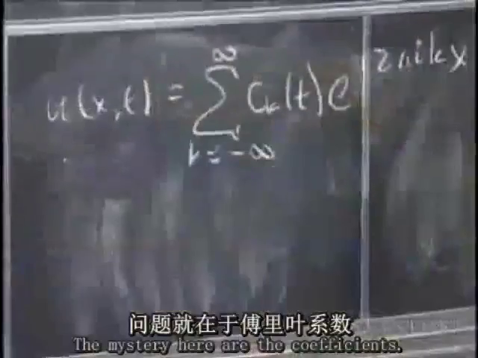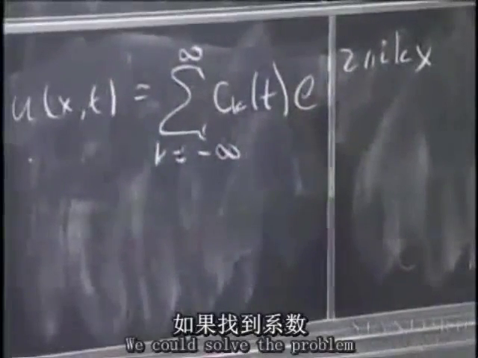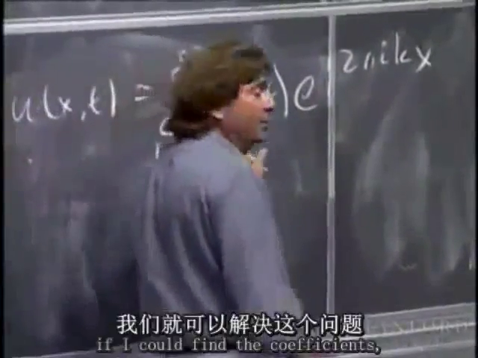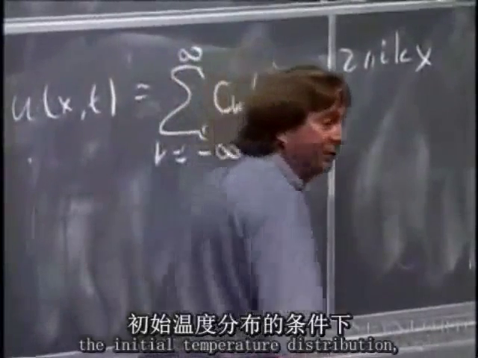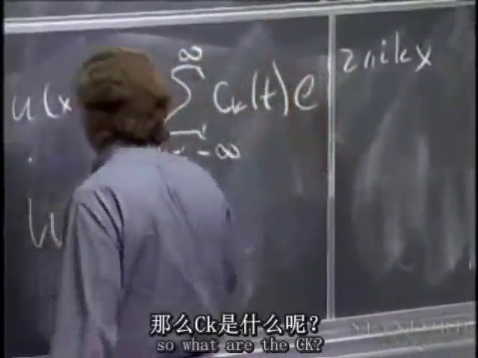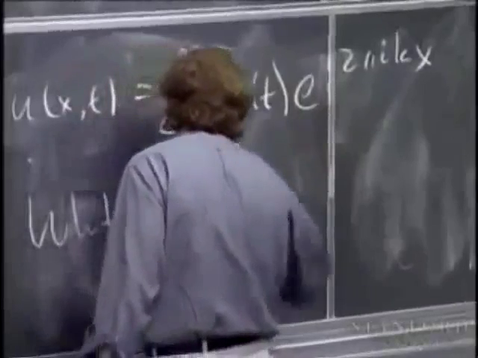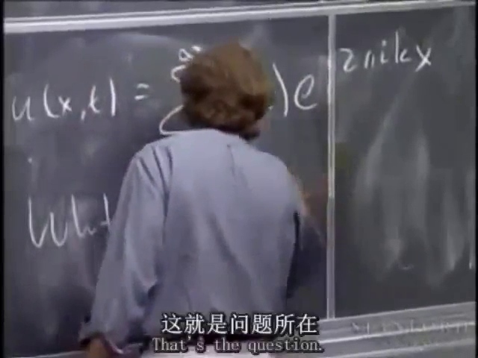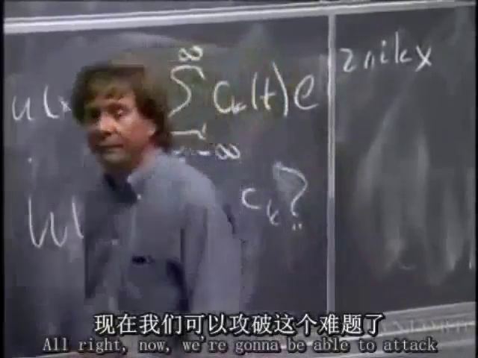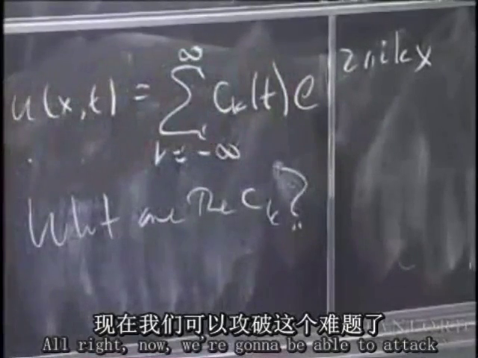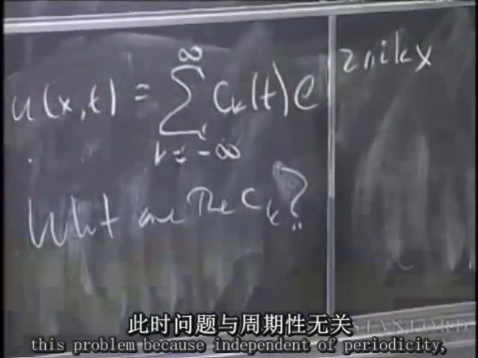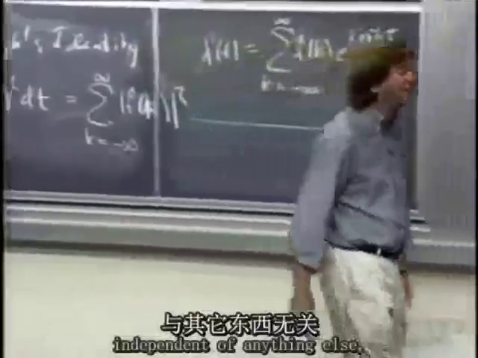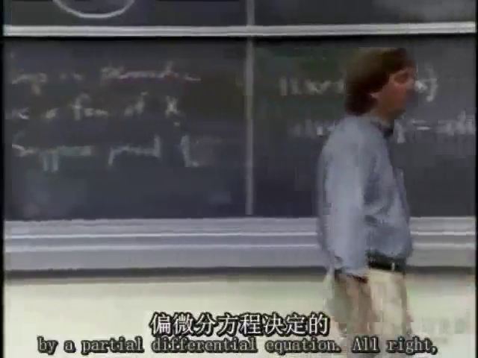All right, the mystery here are the coefficients. We could solve the problem if I could find the coefficients somehow in terms of the initial temperature distribution. So what are the c sub k? That's the question. Now, we're going to be able to attack this problem because, independent of periodicity, independent of anything else, heat flow is governed by a partial differential equation.